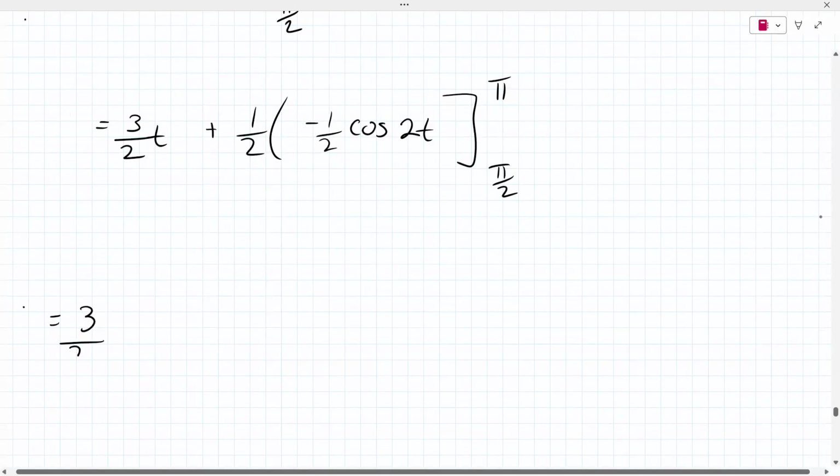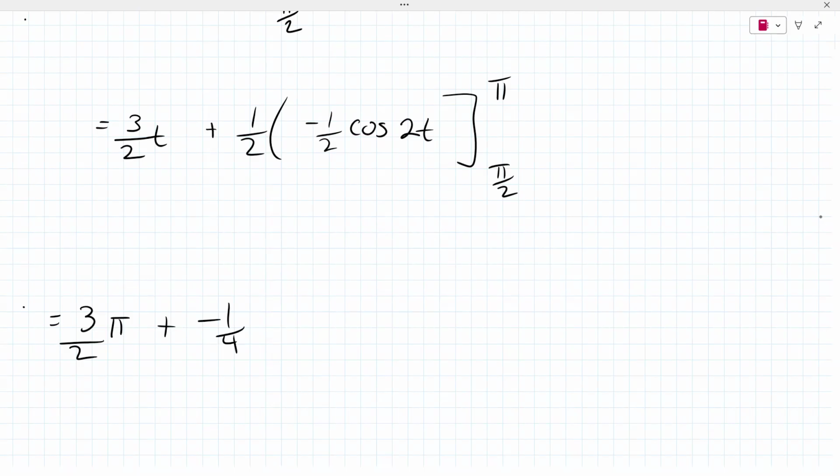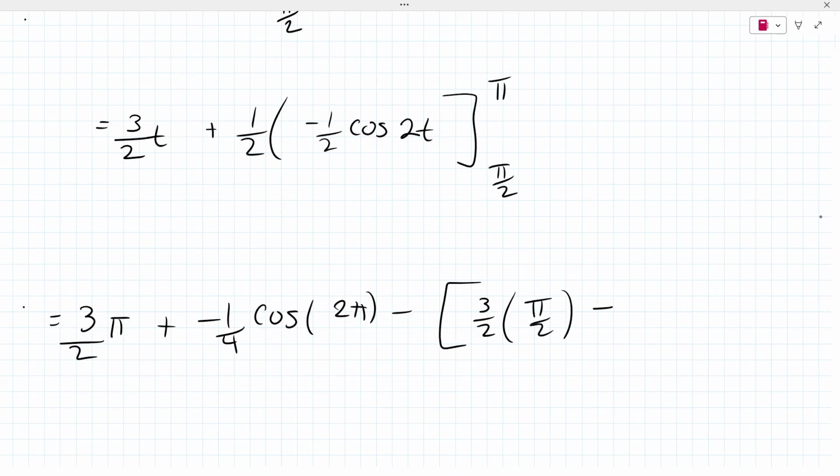So it's going to be 3/2 pi plus negative 1/4, so I'm applying the fundamental theorem, cosine of 2 pi, minus bracket 3/2 pi over 2 minus 1/4 of cosine of 2 pi over 2.